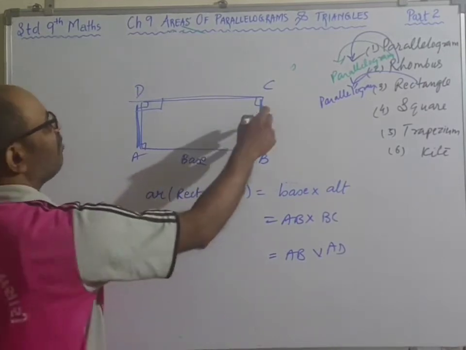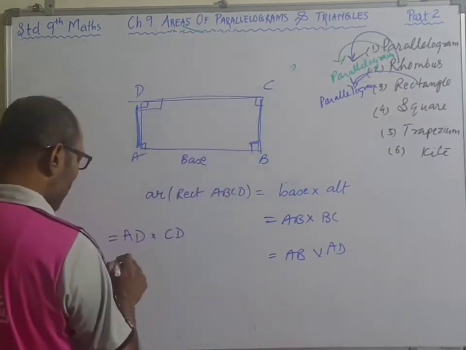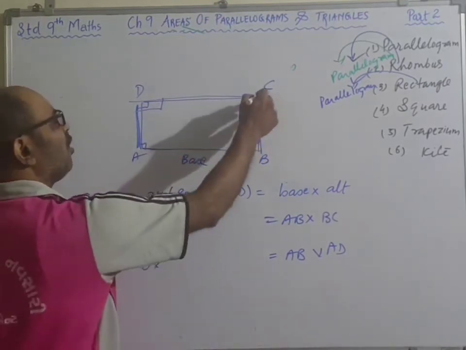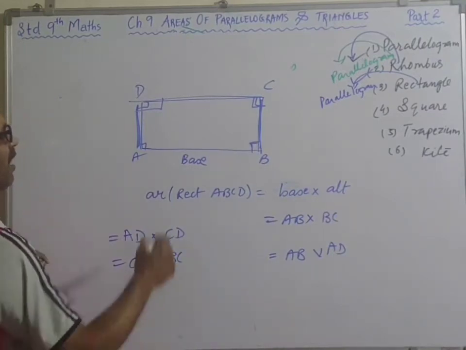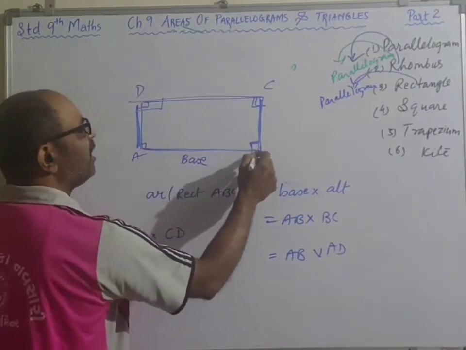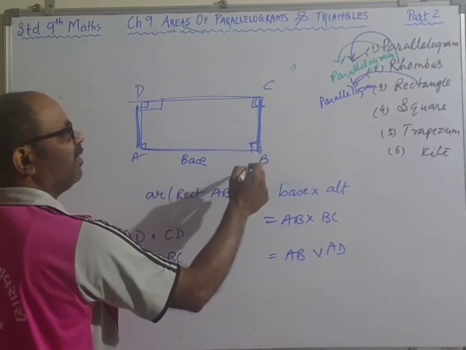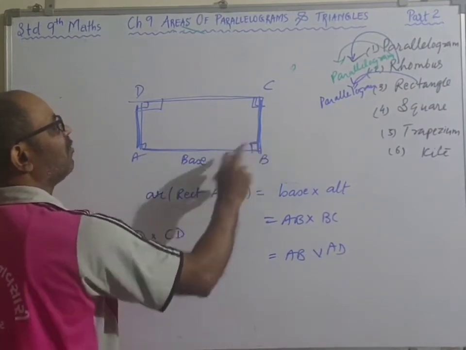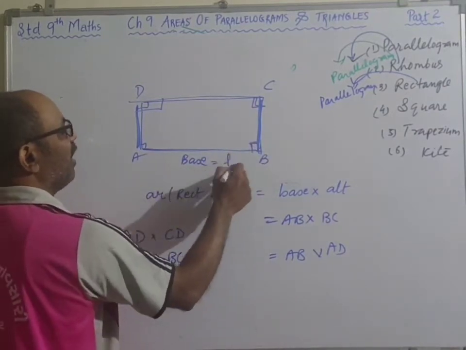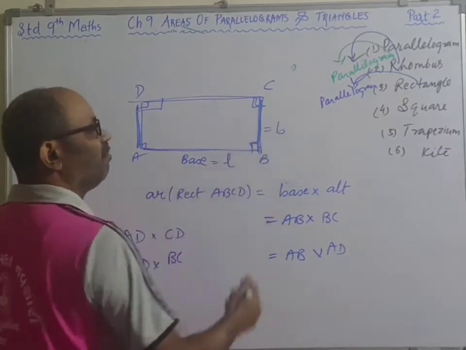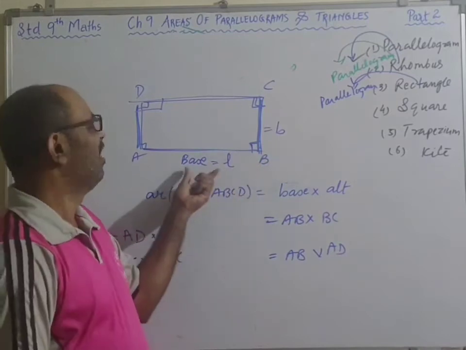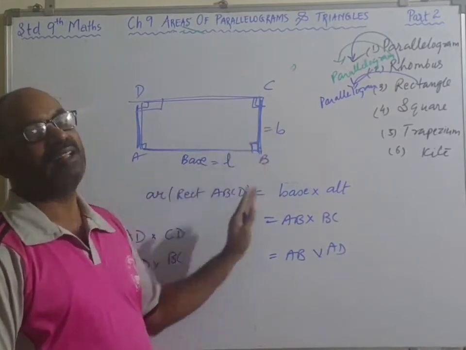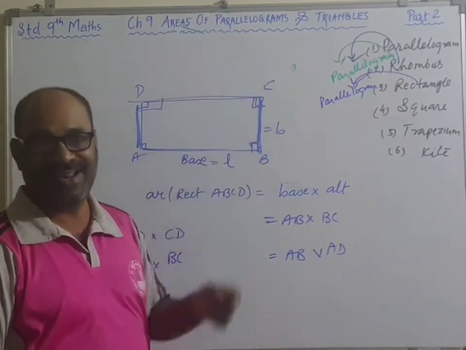Correct children? आपने या CD को बेस ले लिया तो उसको corresponding altitude ये है, so you can write BC.